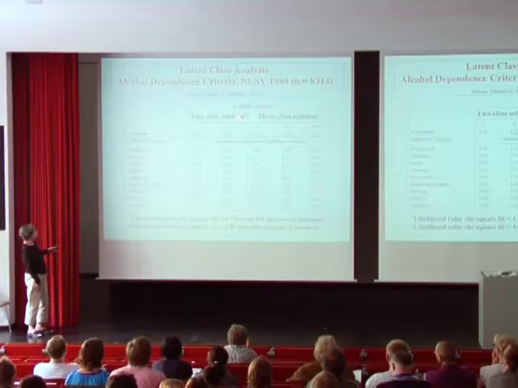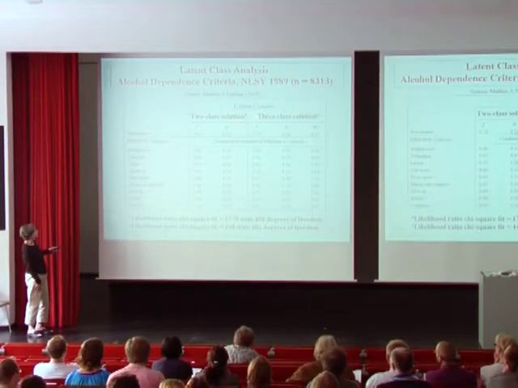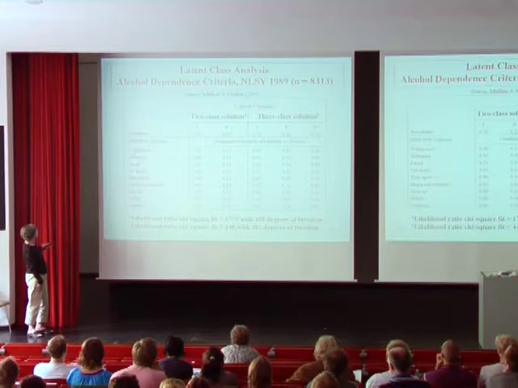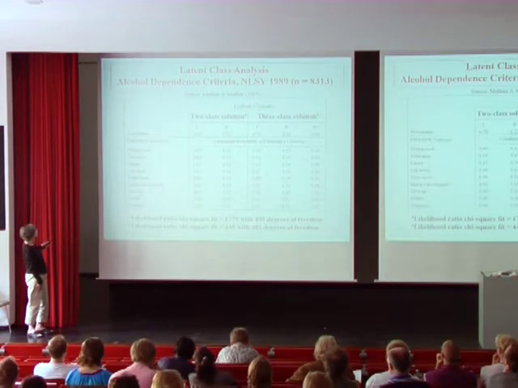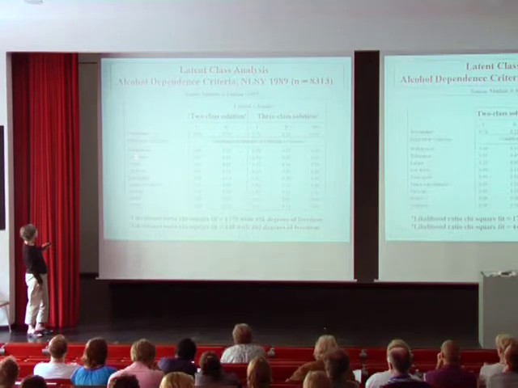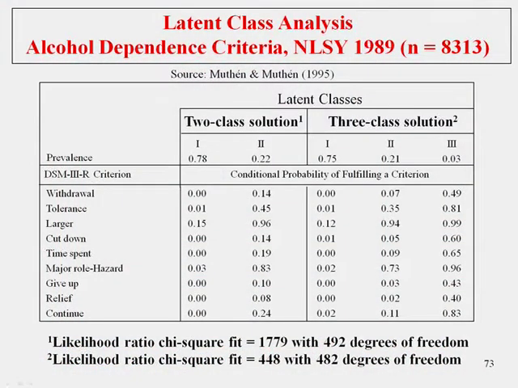So the columns represent the 2-class solution and the 3-class solution, and the rows are the alcohol symptom items. So for example, withdrawal, tolerance, drinking a larger amount than you want to, not being able to cut down, et cetera. You can look at those.